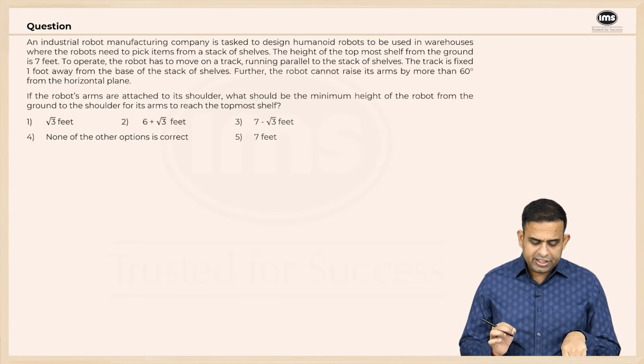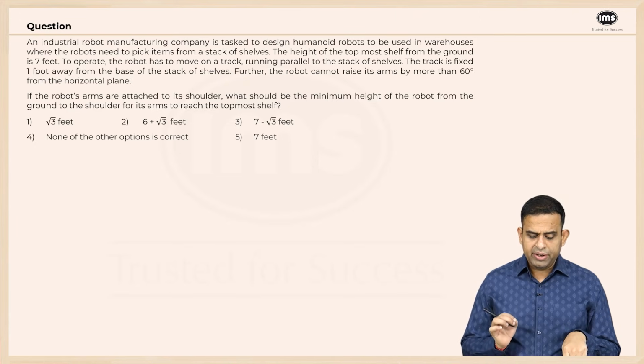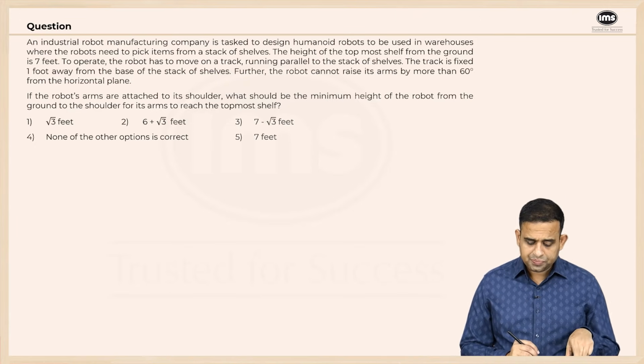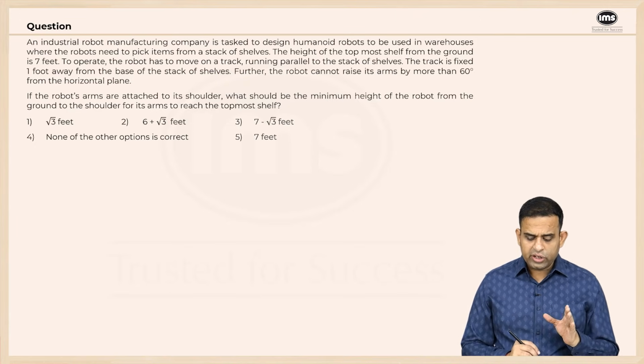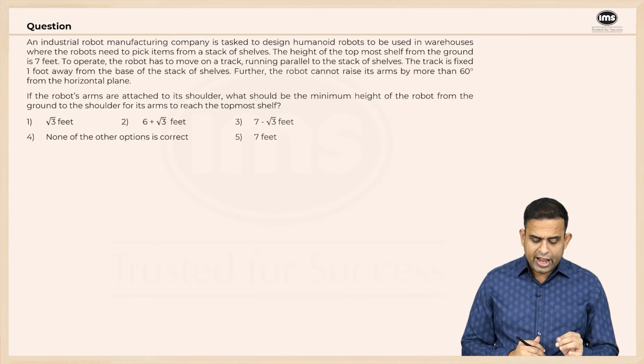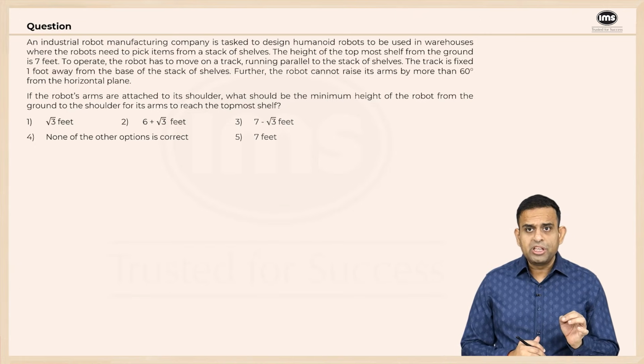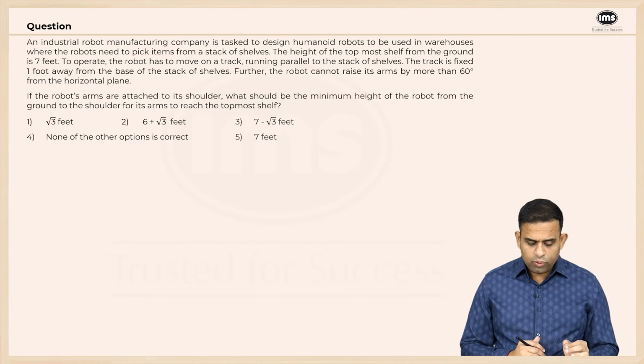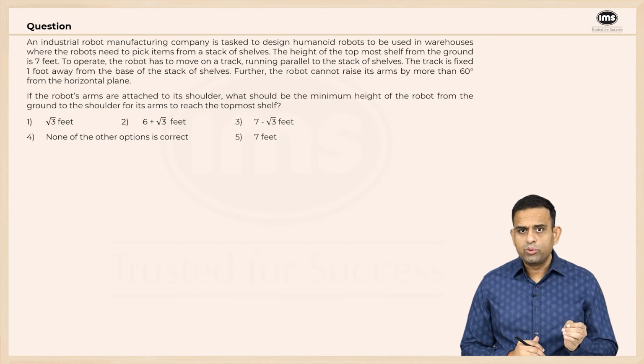The track is fixed 1 foot away from the base of the stack of the cells. Further, the robo cannot raise the arm by more than 60 degrees from the horizontal plane. If the robo arms are attached to its shoulder, what should be the minimum height of the robo from the ground to the shoulder of its arm to reach the topmost cell?